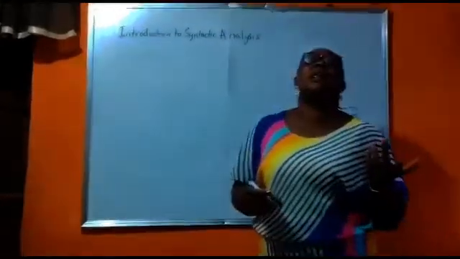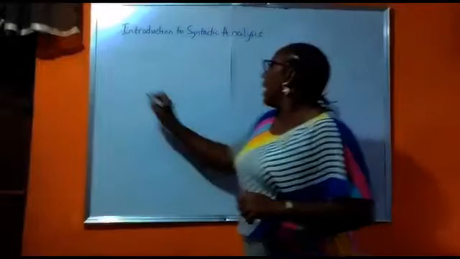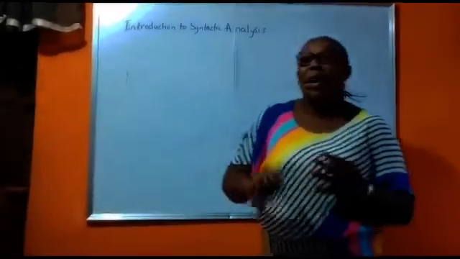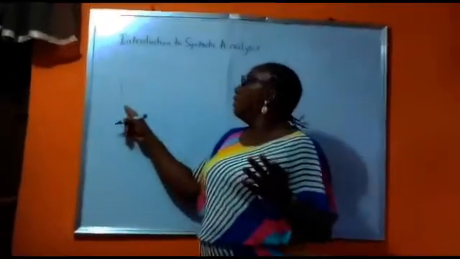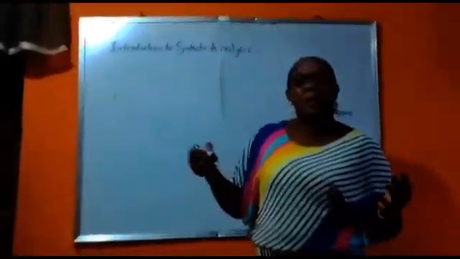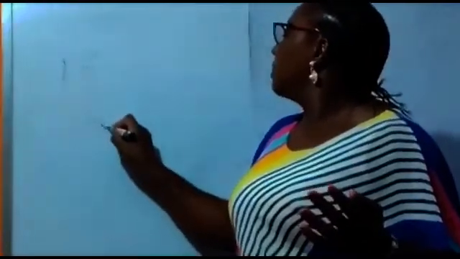Now you can use the phrase structure rule, which I'll call PS rules. You can use the label bracket, LB. Then you can use the third one, phrase markers. That's our PM.